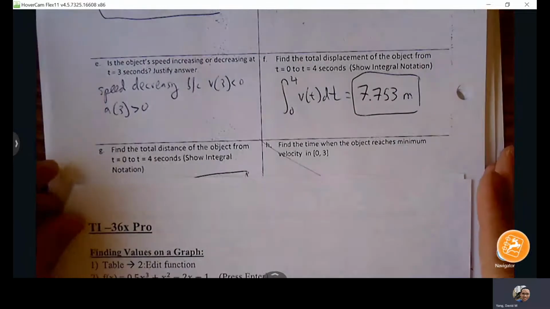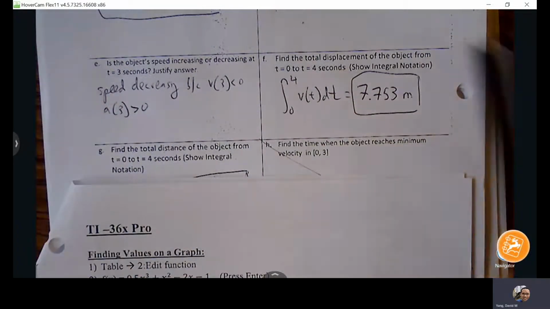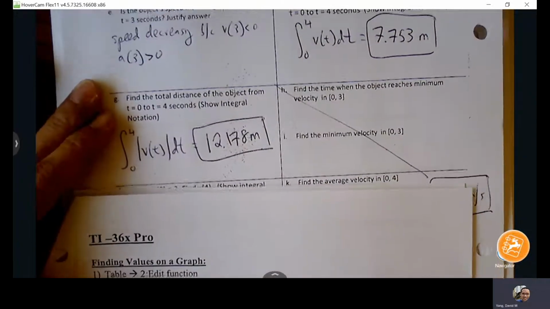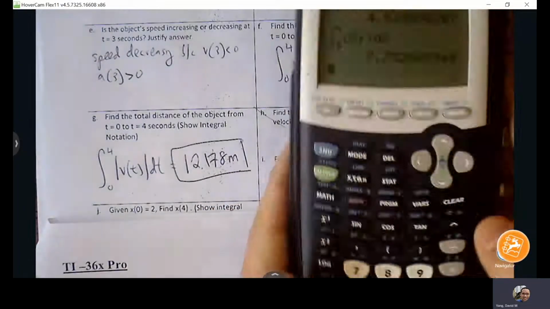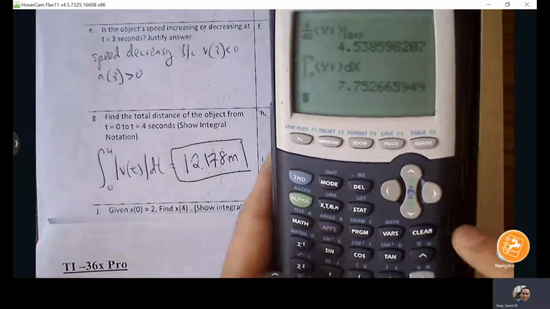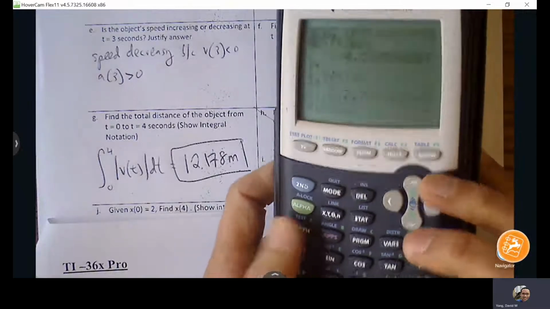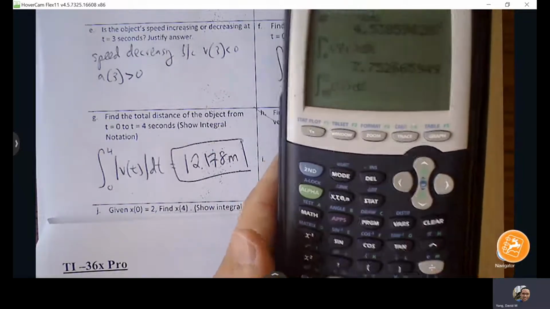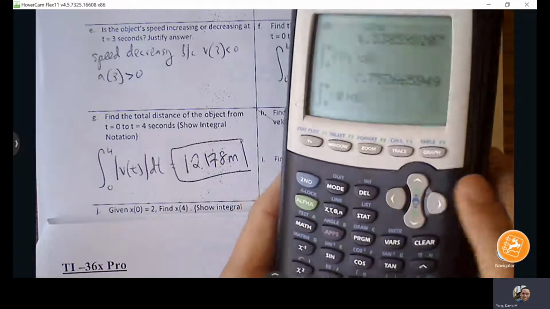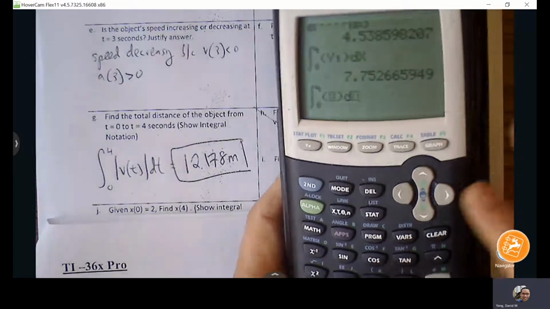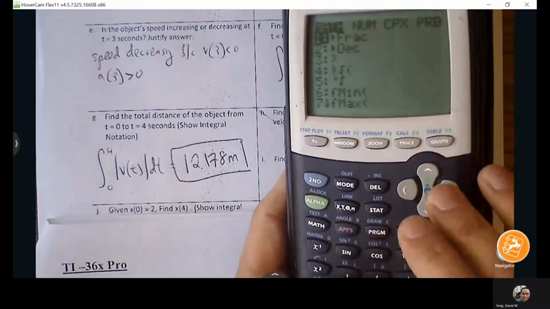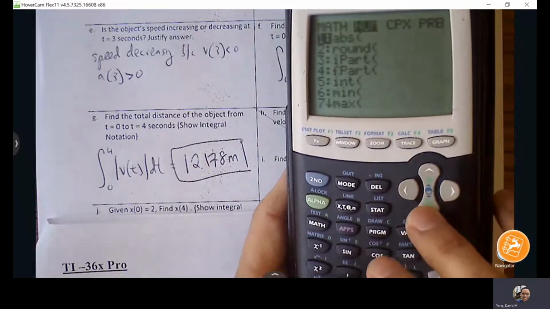Okay, part G, find the total distance. Total distance is where we've got to involve absolute value. So it's the definite integral of the absolute value of v of t. Practice getting to your absolute value notation. So do math 9, set up your definite integral first. And now go to math, NUM, ABS.